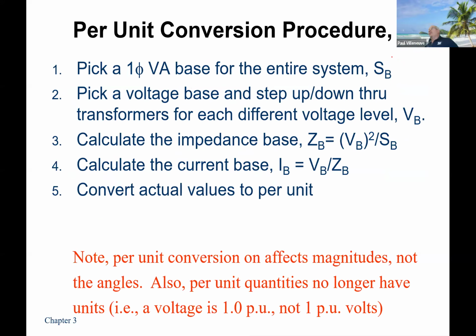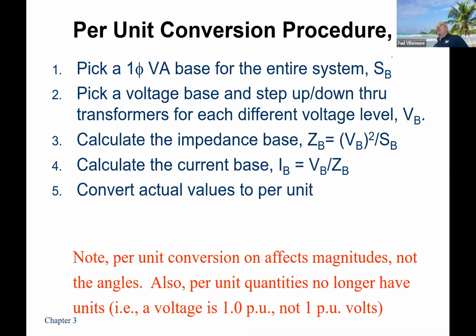So here's the process. It's a very process-oriented thing. This is for single phase equivalence. You're going to pick a single phase power base. Why do you think we'd start off with a single phase power base? Any ideas? Why is that number 1? Does a transformer change the power?